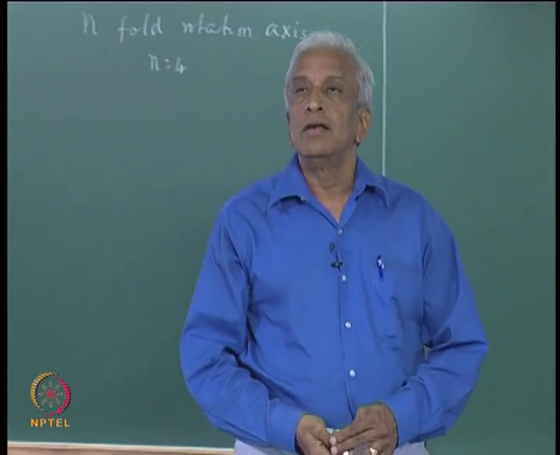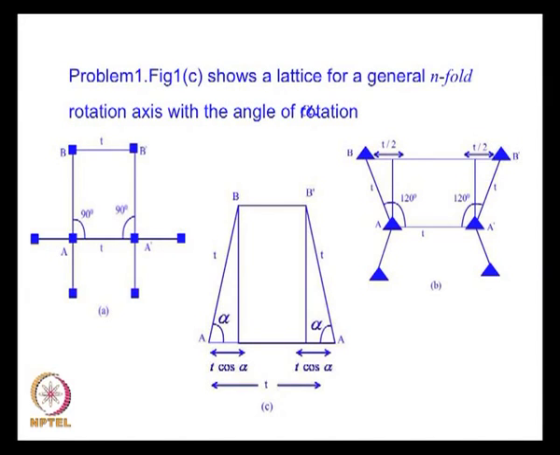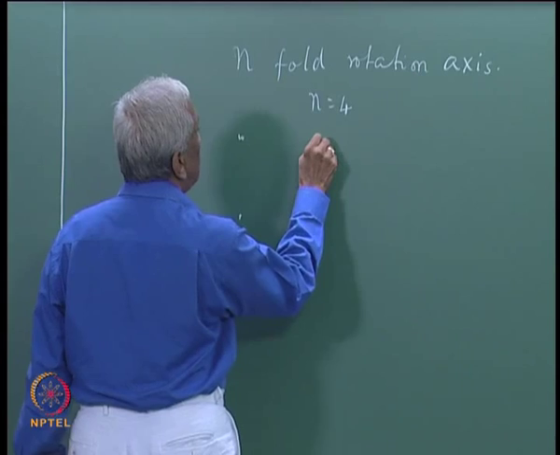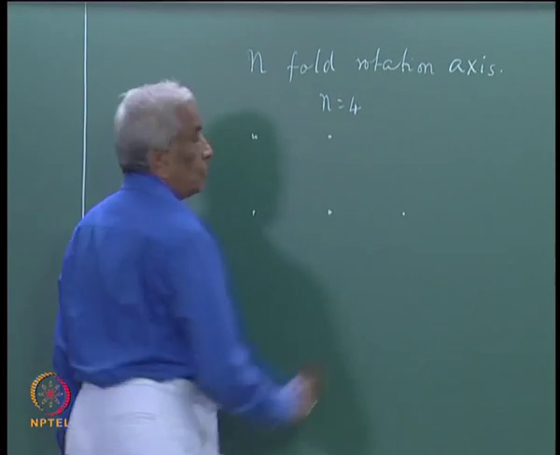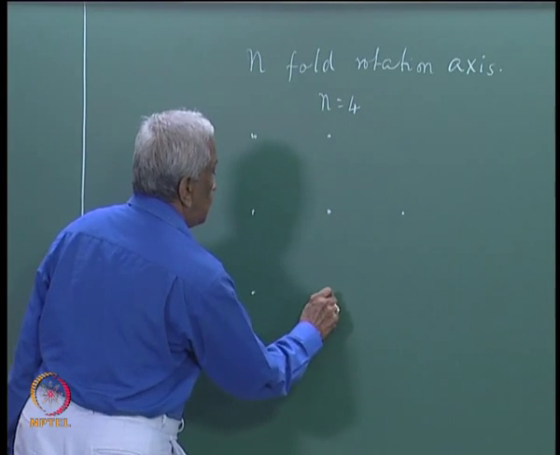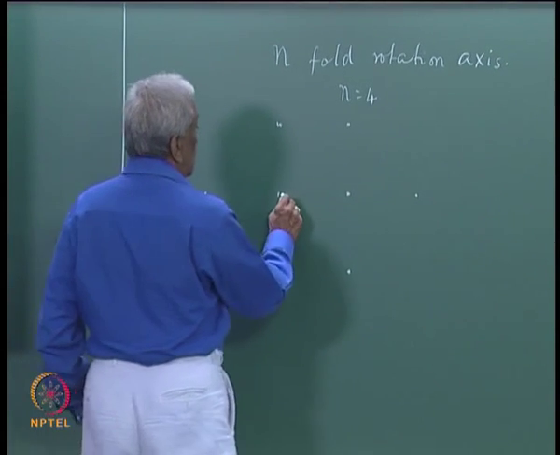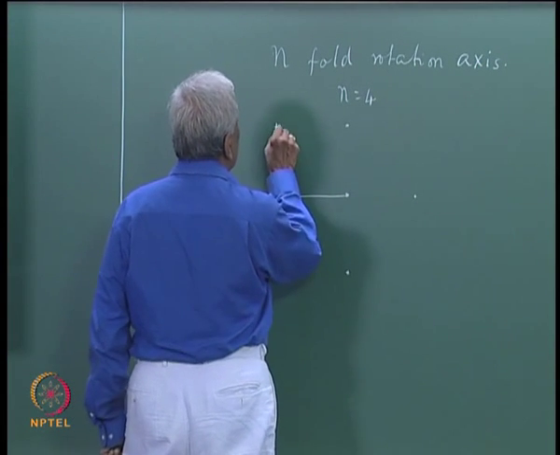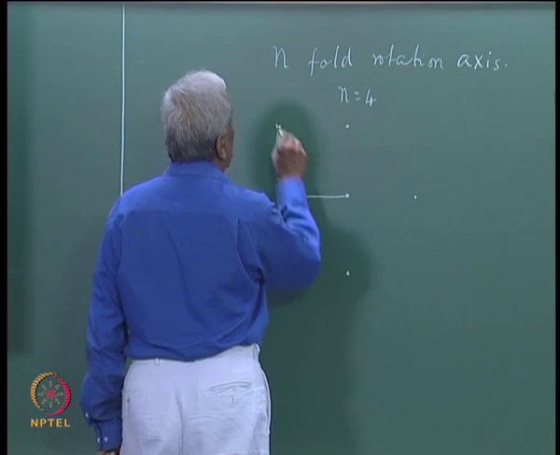Figure 1a shows such a 4-fold rotation, a 4-fold symmetry axis in a translationally invariant crystal lattice. So, one has atoms in these various lattice positions, and this angle is 90 degrees for n equal to 4.